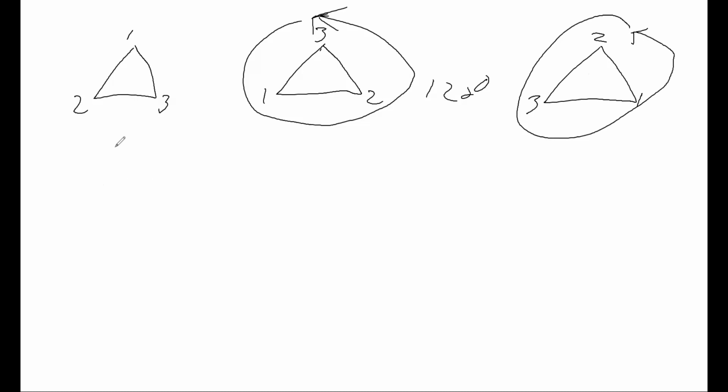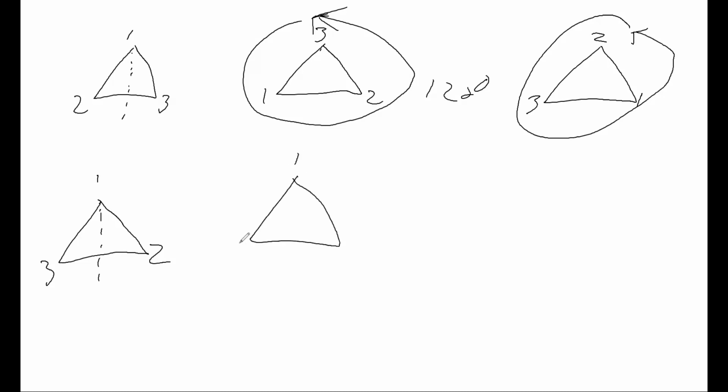I could flip it. So if I were to flip it down this line, I would get 1, 3, 2. Right? So between these two things, I can get any organization of 1, 2, 3.